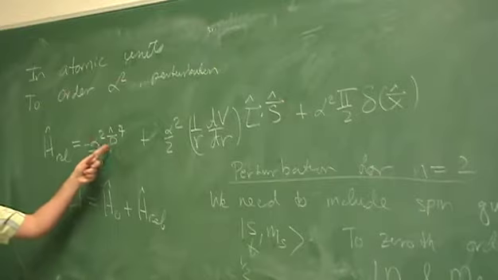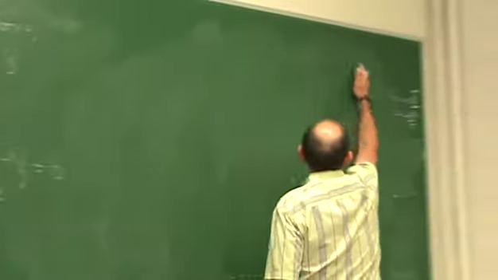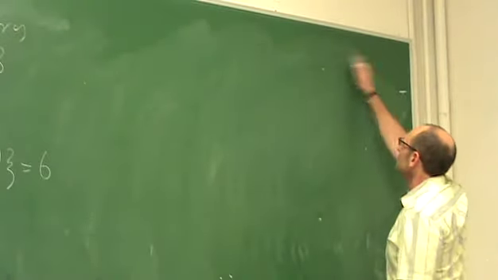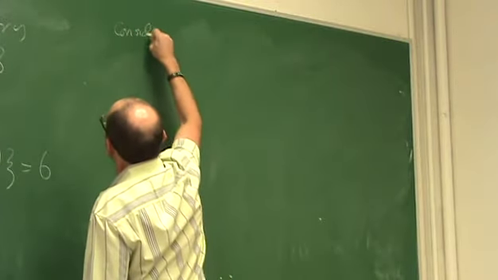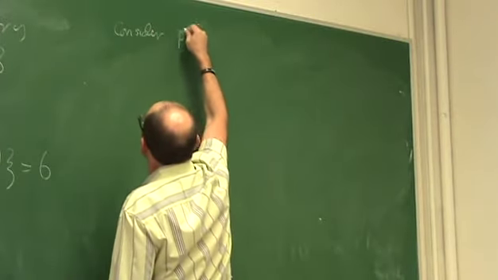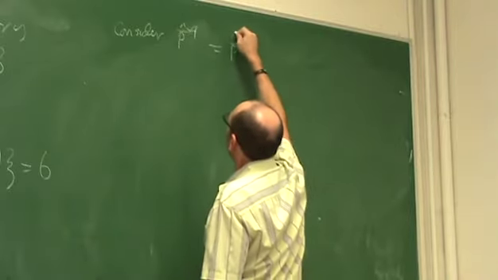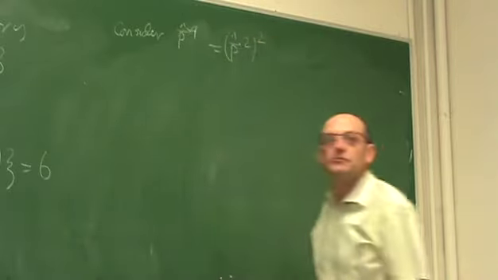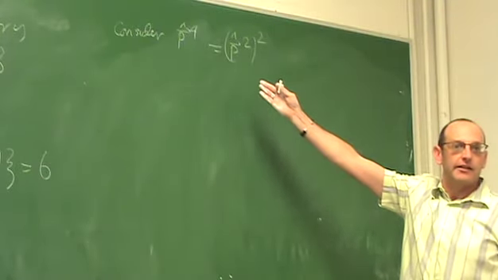Well, what we see here is that p to the 4th, consider p squared, is spherically symmetric.